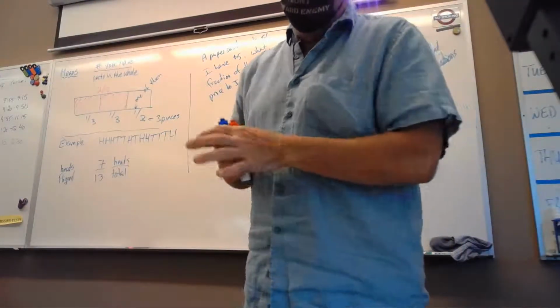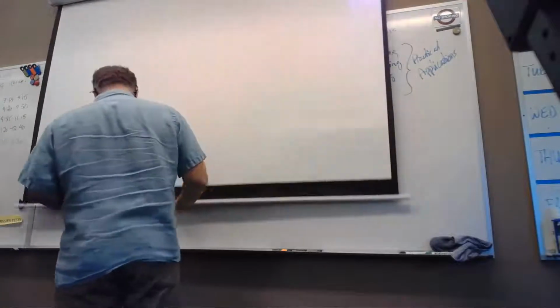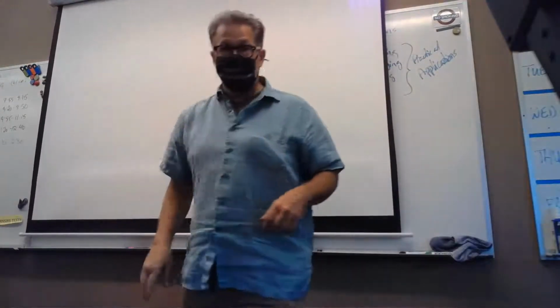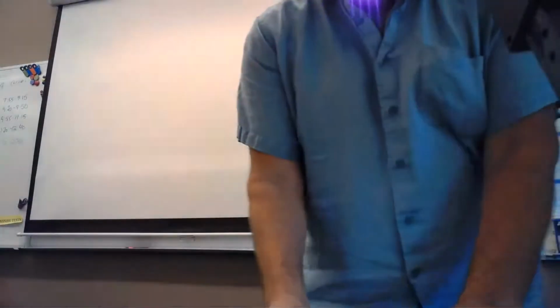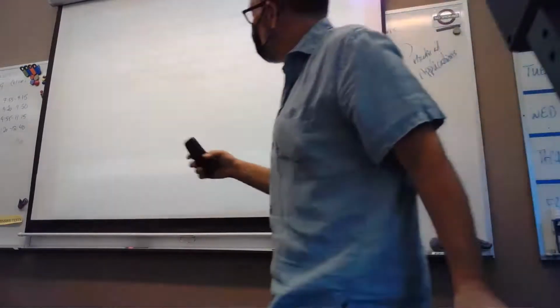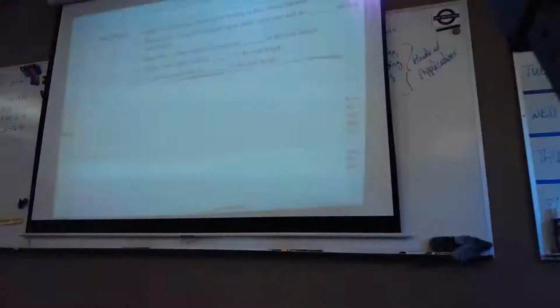So let's look at 4 questions real quickly. Make sure that we're good with this. Here's 4 questions. And the question on each is what fraction goes into the blank space, and then we will move on to the next bit.